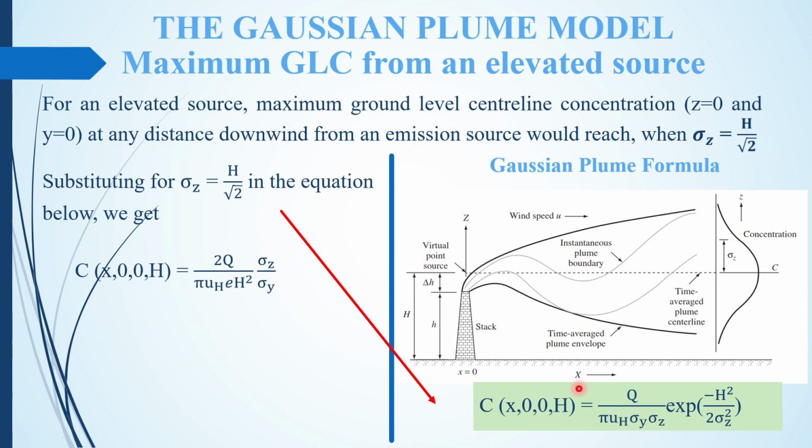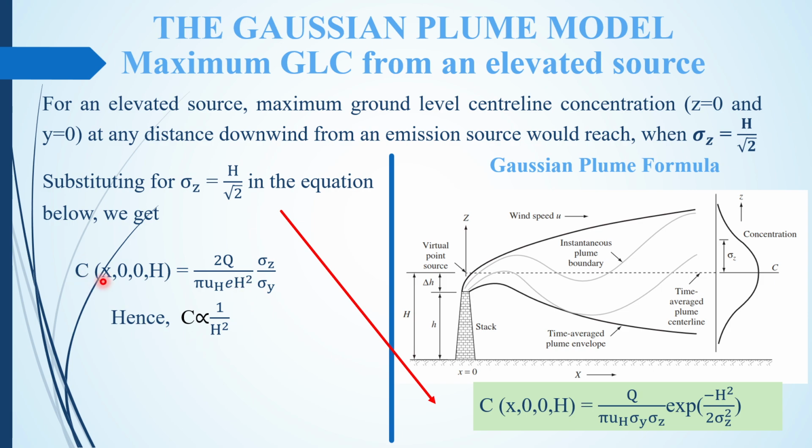You just multiply up and down with sigma z here and change this sigma z with this, and for this sigma z square again put the value h square by 2 accordingly, then we reach this equation.